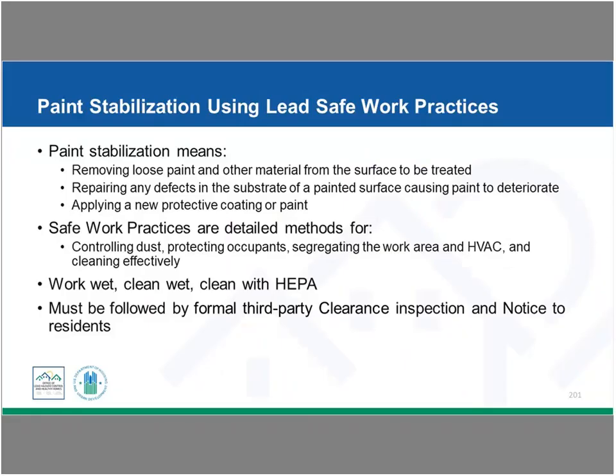So what do we mean by paint stabilization? Paint stabilization is removing the loose paint and other materials from the surface to be treated. So we're repairing any defects in the substrate. And what do we mean by substrate? The substrate is whatever material is directly beneath the painted surface. It might be wood, drywall, plaster, concrete, brick, maybe even metal.